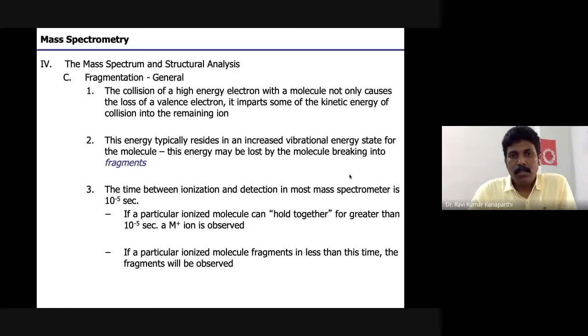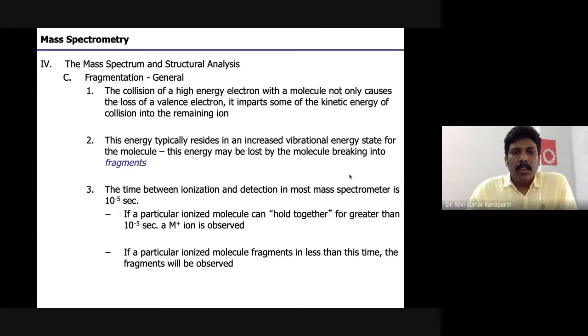There is a high chance that one species will be liberated. That fragment will usually be an even electron species, and the other one will be the odd electron species. Okay, so please remember that always.